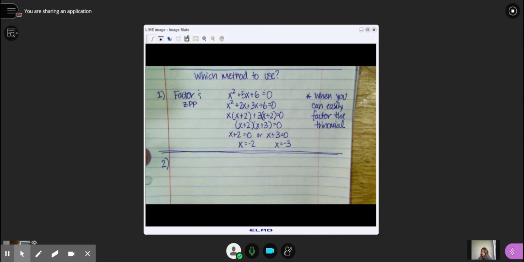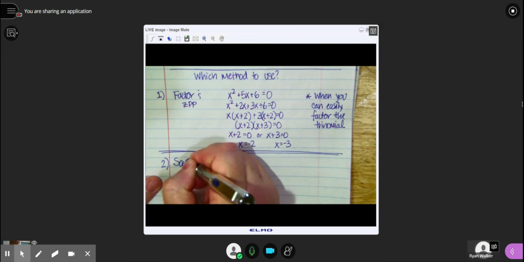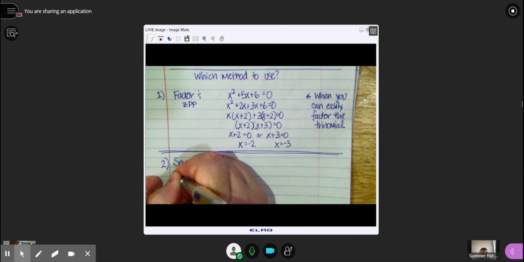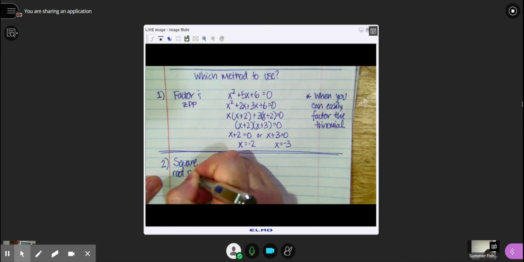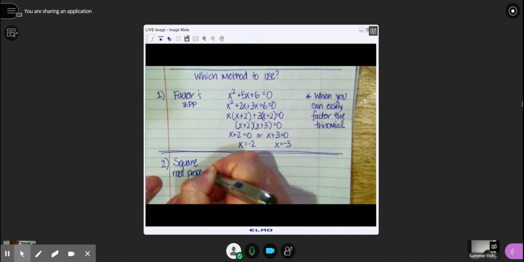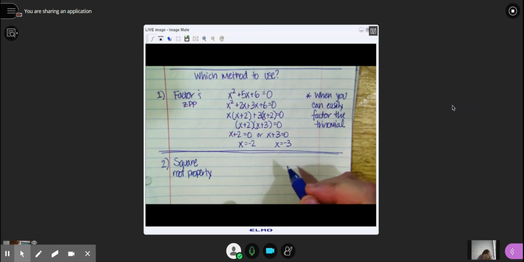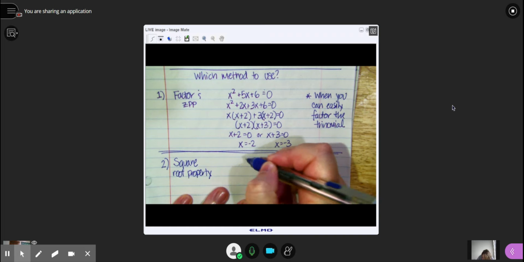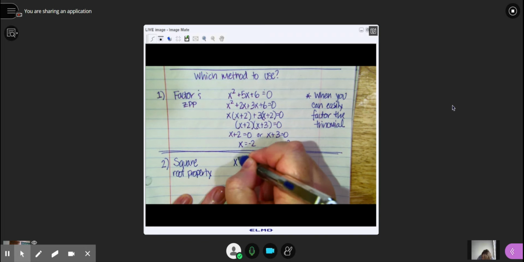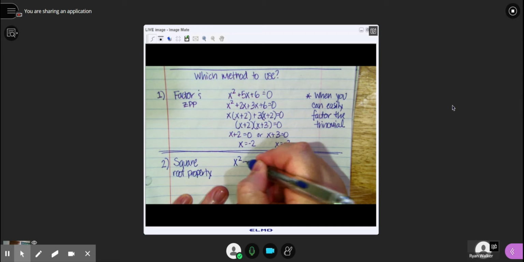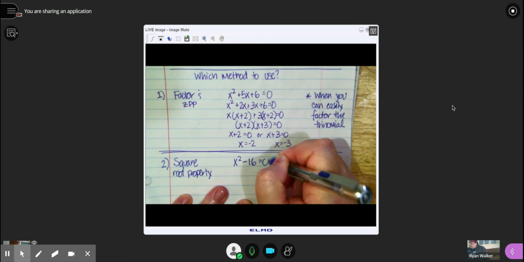Okay. Now, the second method that we want to talk about is the square root property. This is the fastest way to solve an equation when we have something like x squared minus 16 is equal to 0.